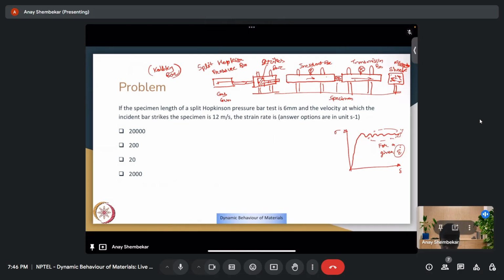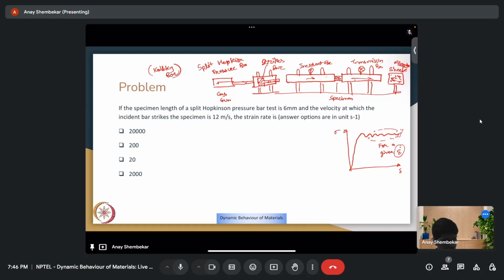Right. So this is a very simple numerical example, but I think it would have been better placed later on in the course. Here we are basically trying to estimate what sort of strain rate we are conducting this experiment for.